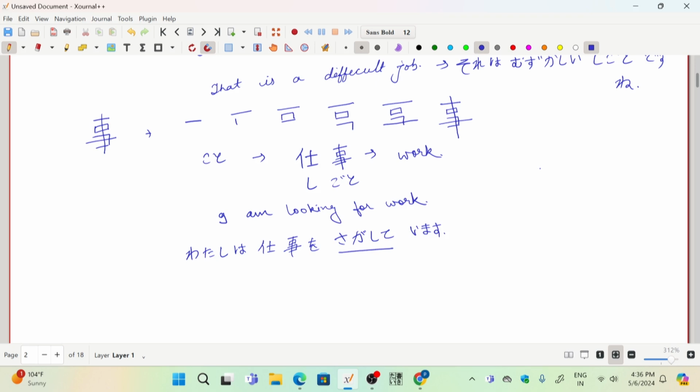Next, the other reading of this kanji is ji. If we use this ji with the kanji of fire, it will be kaji, which means arson or fire. If we use this kanji with the kanji of ie, it is again kaji, and it will mean household chores.